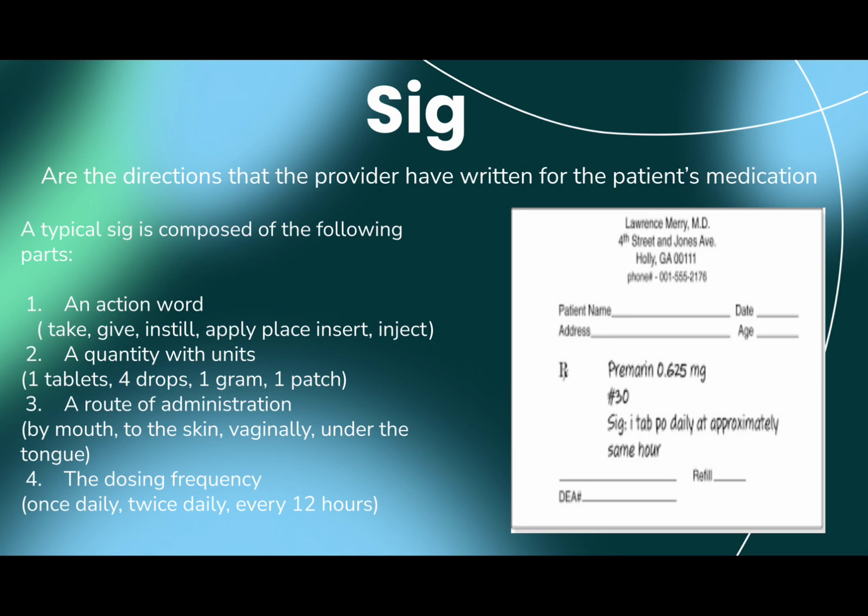A quantity with units, so 1 tablet, 4 drops, 1 gram. A route of administration: by mouth, into the left eye, to the skin, vaginally, intramuscularly, and then the dosing frequency: once daily, twice daily, every 12 hours, every other day.